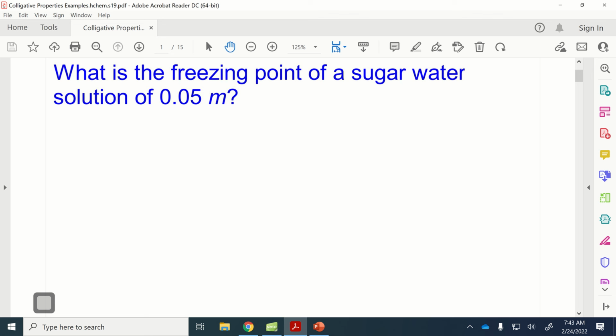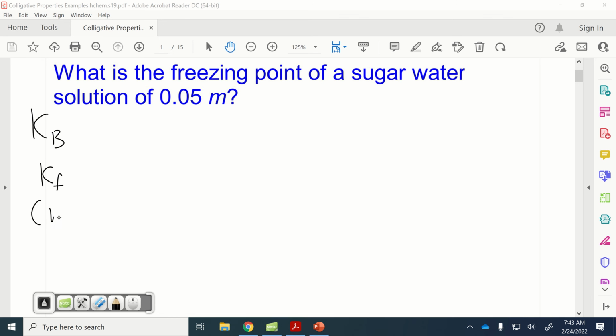So what is the freezing point of a sugar water solution of 0.05 molal sugar water? Basically, almost all these examples use the Kb and Kf for water.